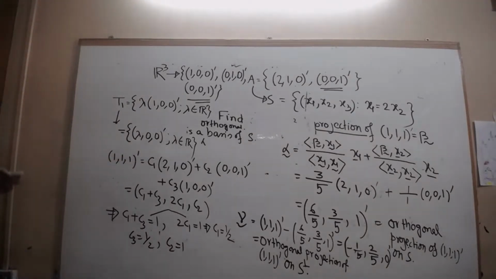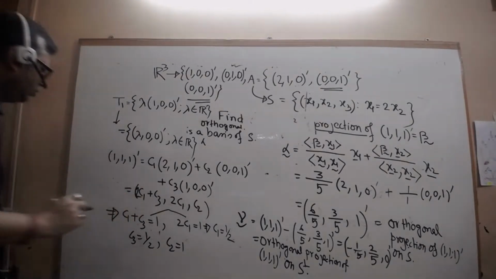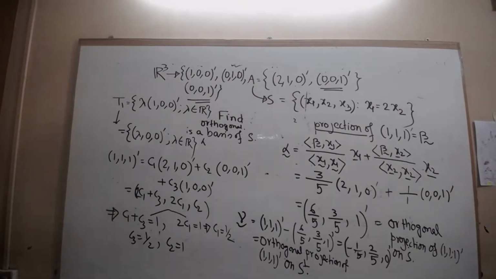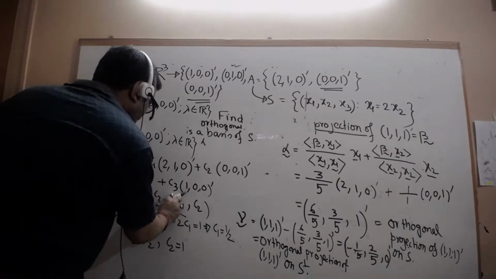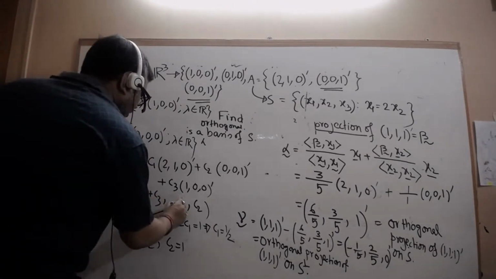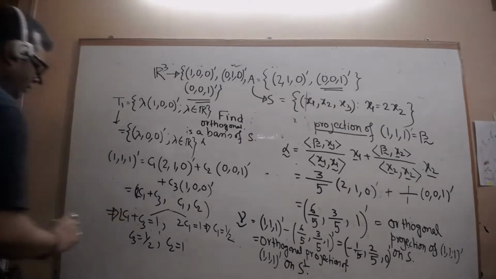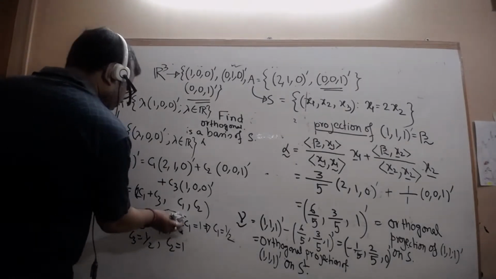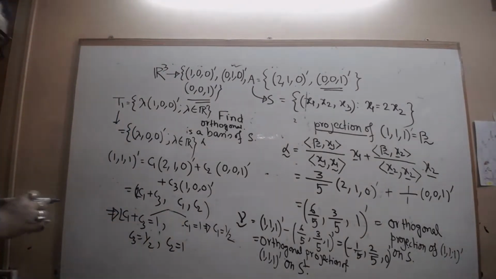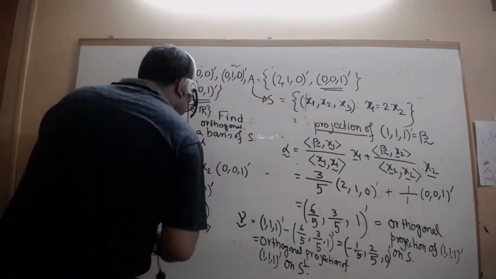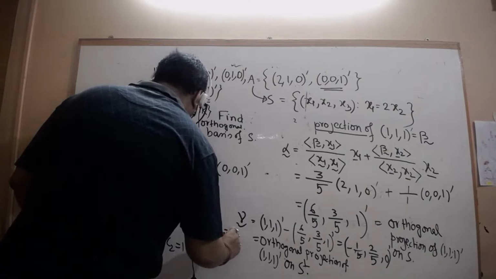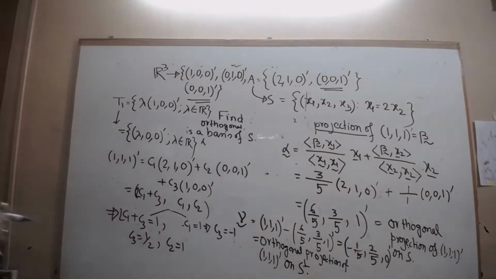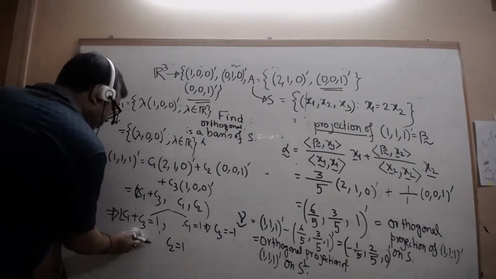So 2 1 0, 0 0 1, 1 0 0. So this gives 2C1 plus C3, and this is C1, C2. Then C1 equals 1. Since C1 equals 1, C3 should be minus 1 and C2 equals 1.